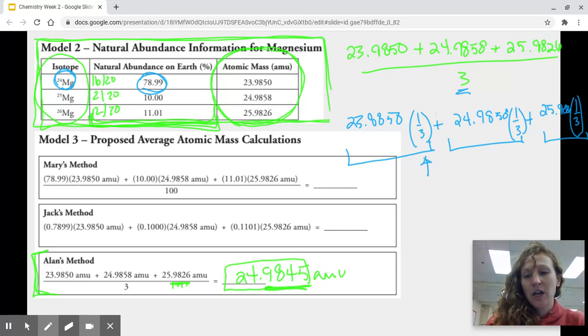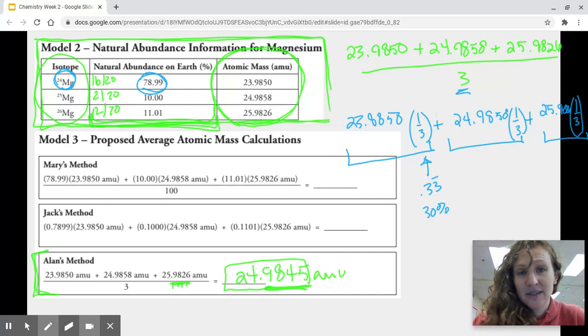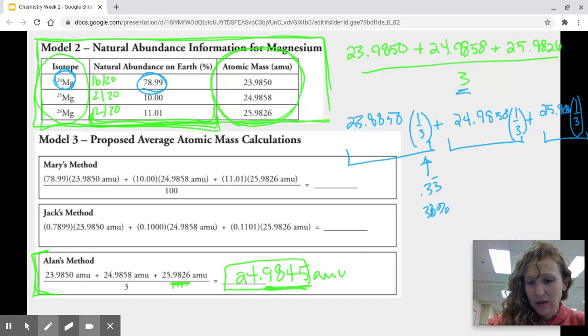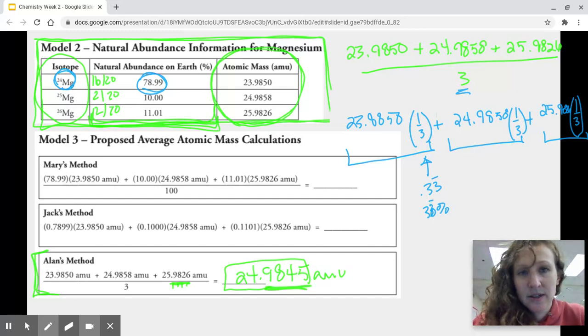Instead of multiplying by a third, you can multiply by 0.33 repeating, also known as 33.3 repeating percent. Basically we're taking 33% of each of these things and averaging them together.